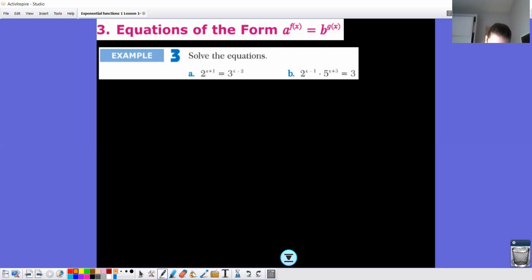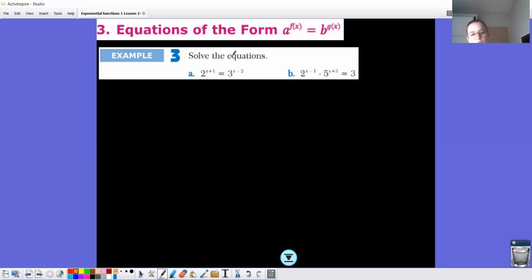In these cases, guys, we'll take the logarithm of both sides. Firstly, I want you to listen, then I will give you time to write, okay? Give your concentration here. So 2 to the power of x plus 1 is equal to 3 to the power of x minus 2.